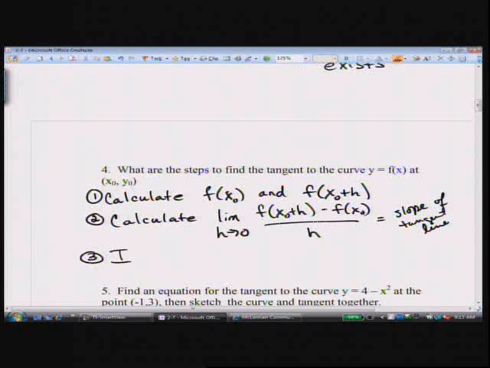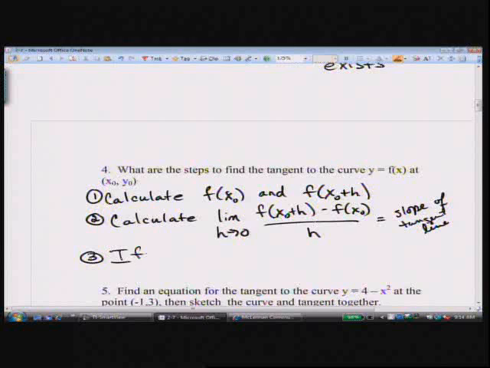So in your algebra classes, since the beginning of time, you've been asked to find the equation of the line, right? And for the equation of the line, you need two things. You need a slope and a point, right? And so you have a point. You have the point x naught, y naught, and you just found the slope. This is the first new way to find the slope. You used to have to do change in y over change in x, or maybe be given information that the two lines were parallel or something like that. Now you have a new thing, finding the slope using this limit formula.